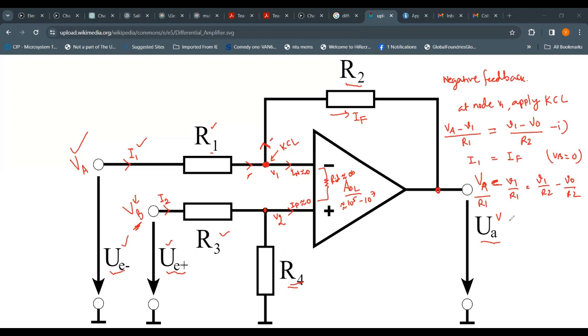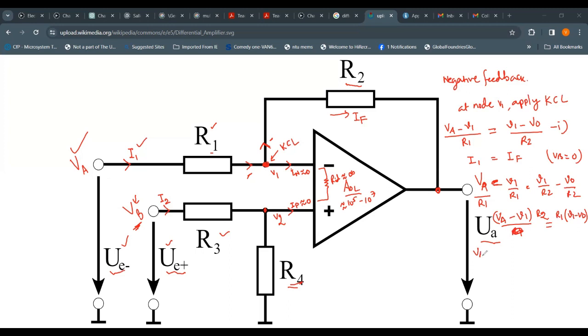We can also write this like VA minus V1 divided by R1, and we multiply it by R2, and here the R1 can be taken here, so it would be R1 times V1 minus VO, and then we just simplify that.